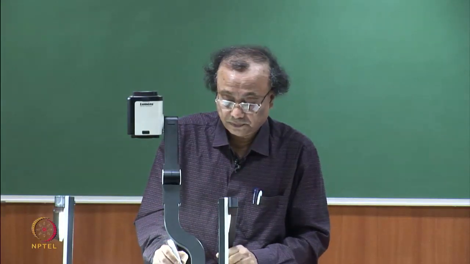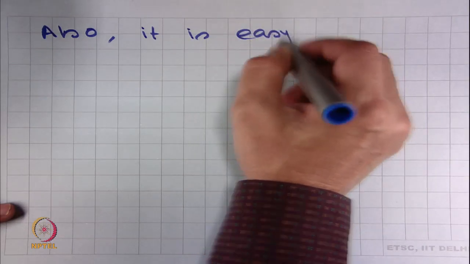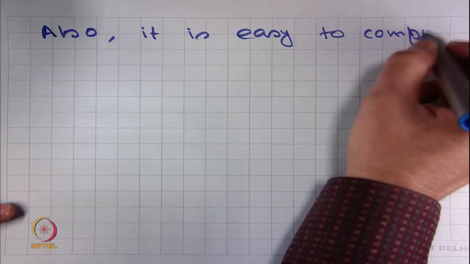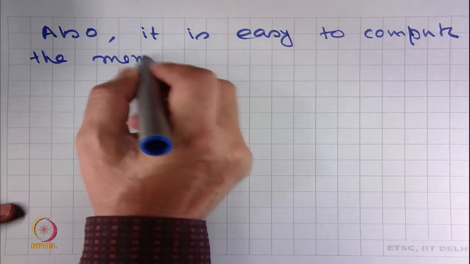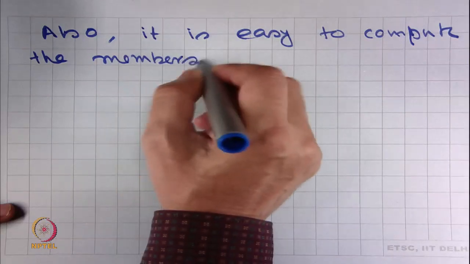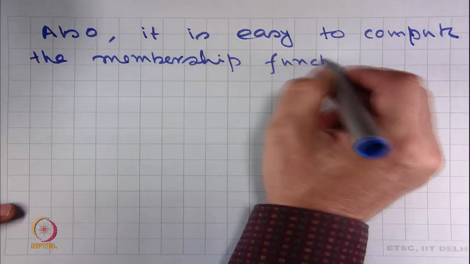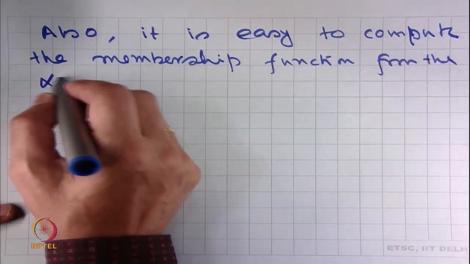Also, it is easy to compute the membership function from the alpha cuts.